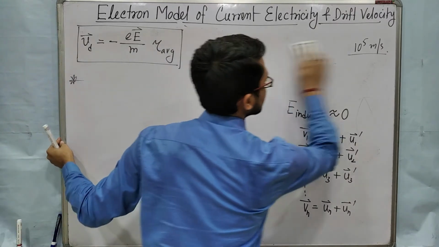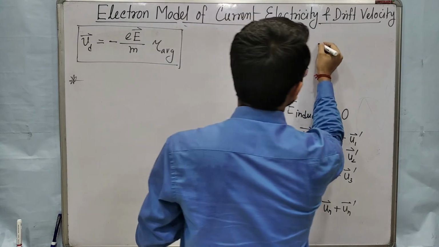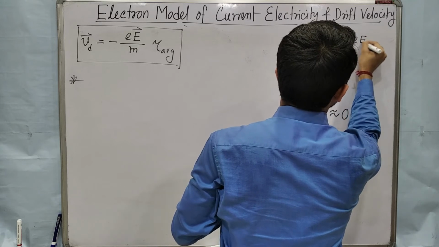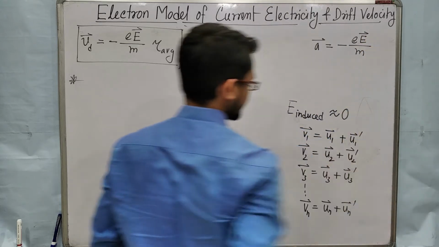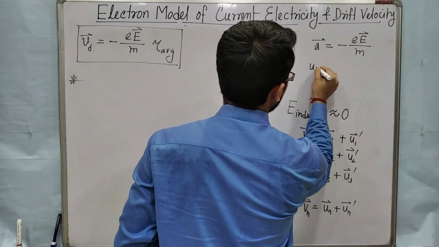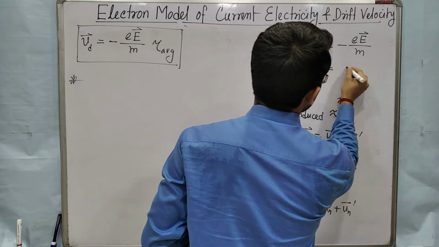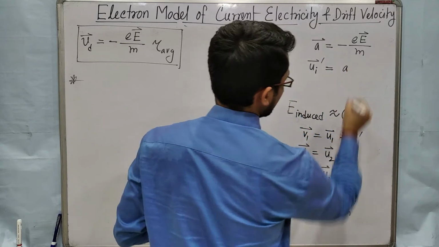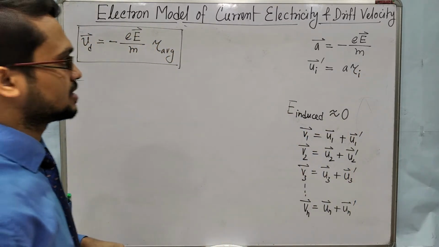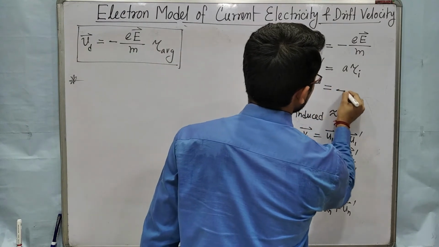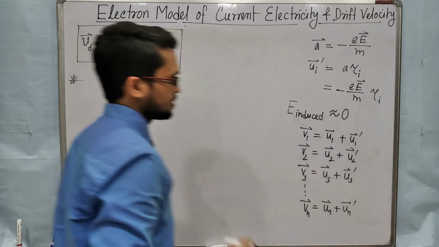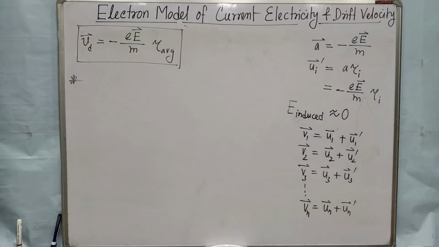So I am writing here: acceleration is minus E by m, and these prime velocities, suppose u i prime, will be a times tau i, because relaxation time will be different for different collisions. So it will basically be minus E by m into tau i. For different electrons, tau i will be different.